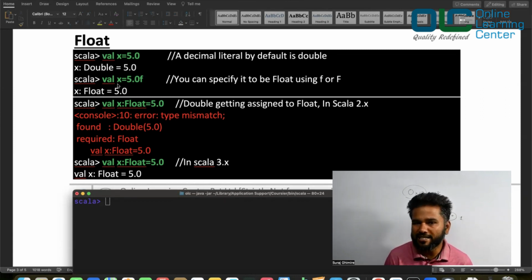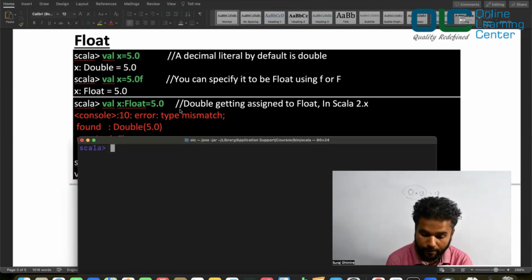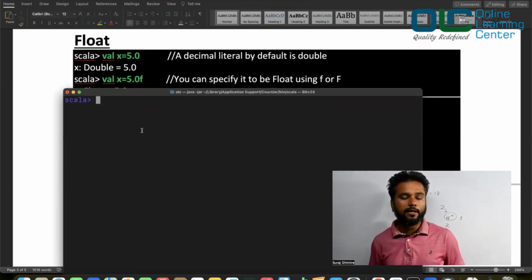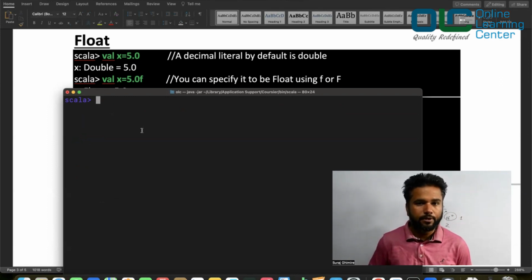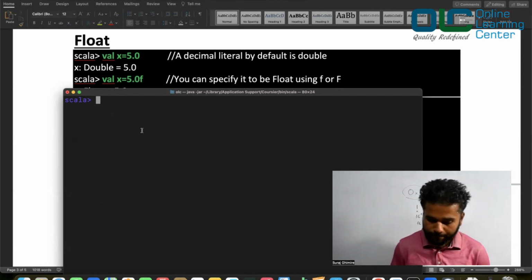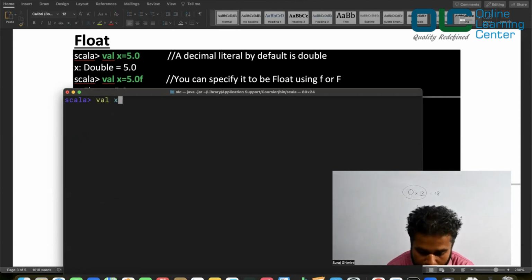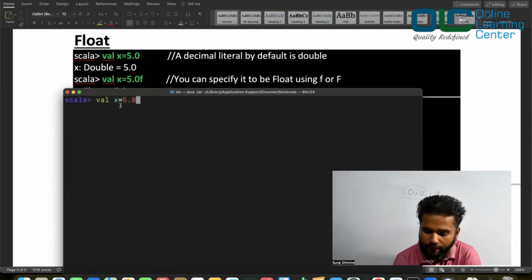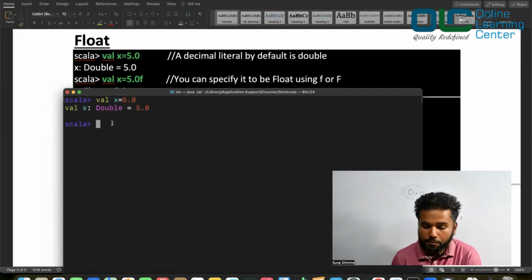If you want to store the decimal part as well, then you can actually go ahead with float. Okay, so to store decimal values, you have two data types. They are float and double. Okay, now let's try this out. I'll say, well, x is equal to 5.0.